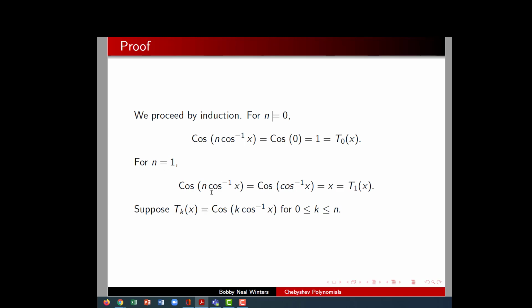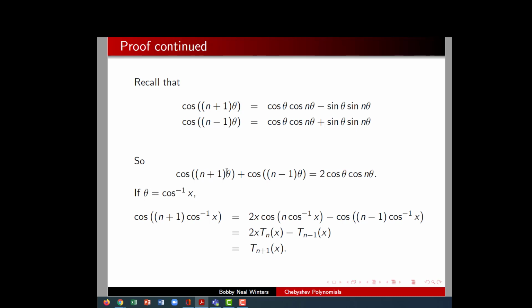For n equals 1, we substitute it in the formula, and the same thing happens. So basically, we get those for free. Now, let's assume that this formula does hold for k between 0 and n, and let's see if we can use induction to show that it works for n plus 1.